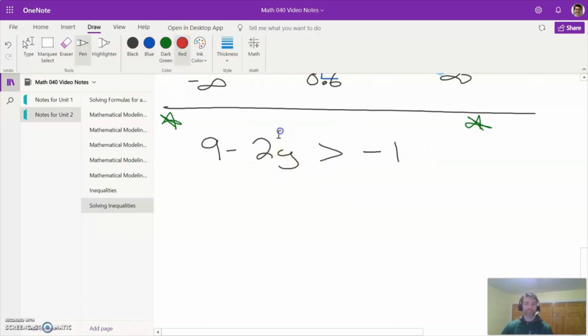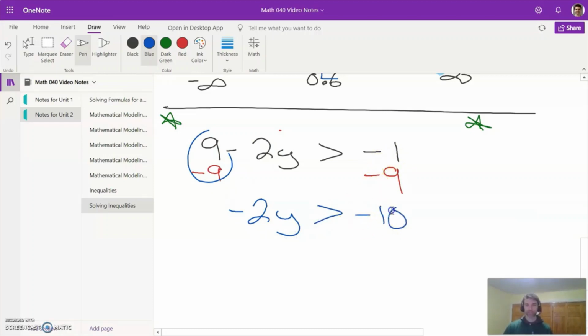I only see one variable term, so let's just keep that right where it is and get rid of the 9, that constant term that's over there with it. Again, I'm using the inequality sign as my dividing line between the left and the right side. So 9's gone. What's left? There's a negative in front of that 2y, right? Negative 2y is greater than, this is going to be negative 10.